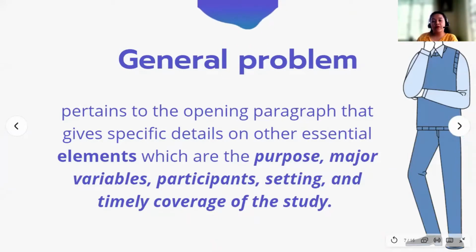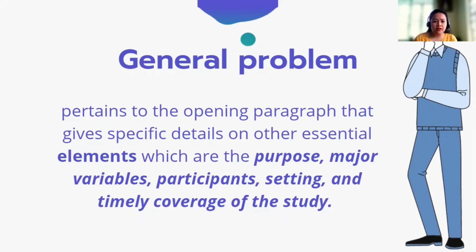Ano ba ang general problem? So sa paper nyo in the future, there is a part where it's called statement of the problem. So yung statement of the problem part ng research nyo or your research paper, ang content niya is general problem and specific problem. So ito yung dinidiscuss natin ngayon. Ano ba ang general problem? Paano kinocompose ang general problem?